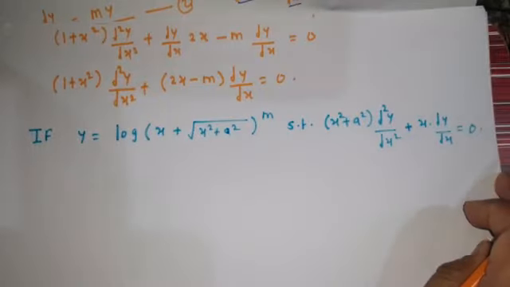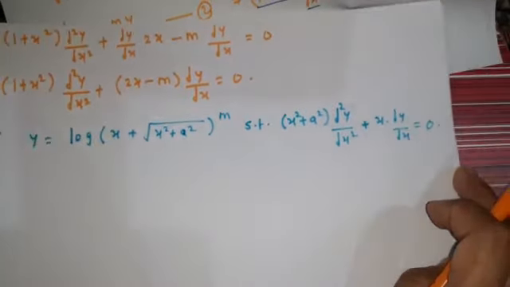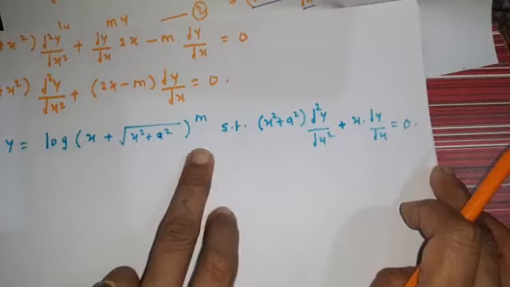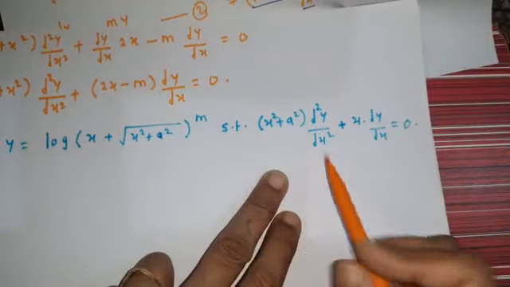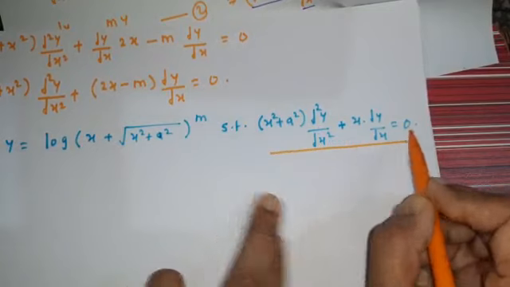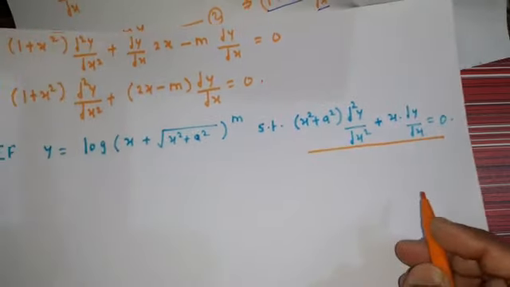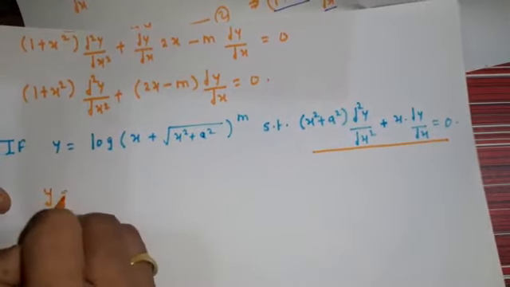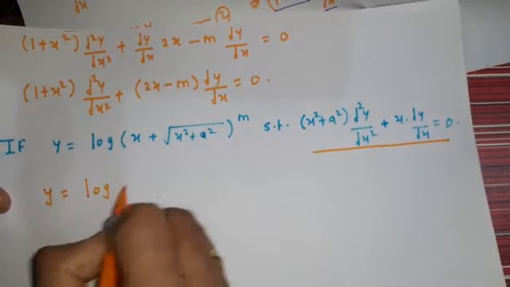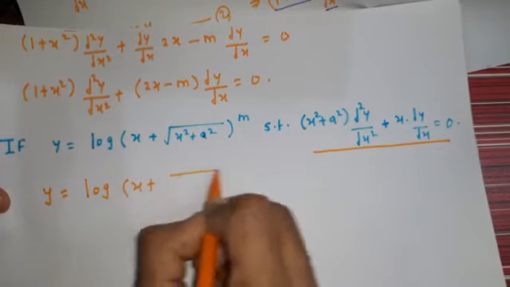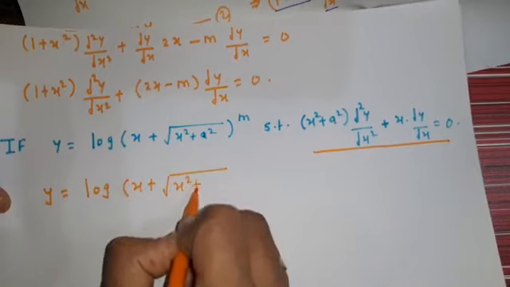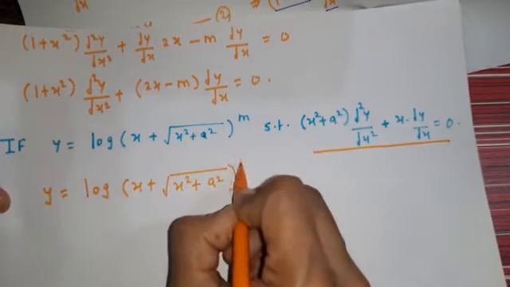If y equal to log of (x plus square root of x square plus a square) raised to m, show that (x square plus a square) d2y by dx square plus x into dy by dx equal to 0. That we have to show. Okay students, so see here what we have given. We have given that y equal to log of (x plus square root of x square plus a square) raised to m.